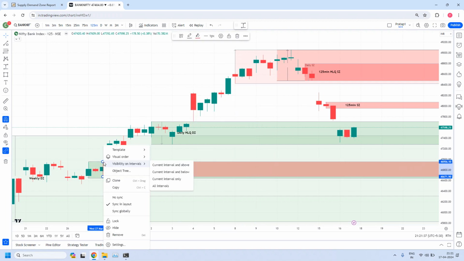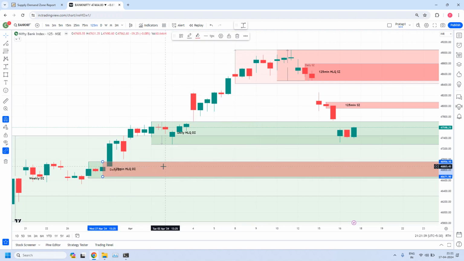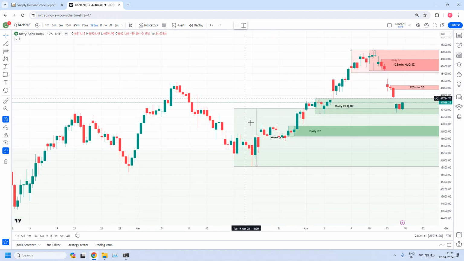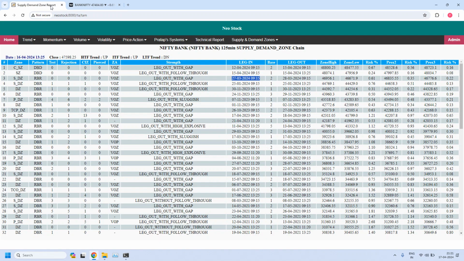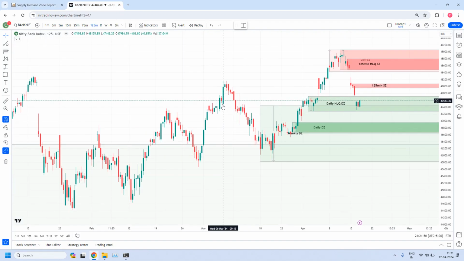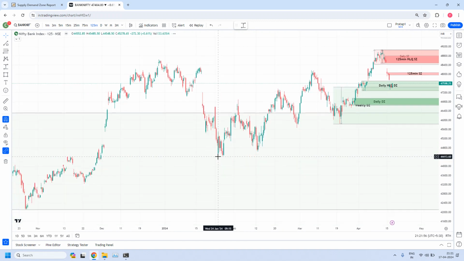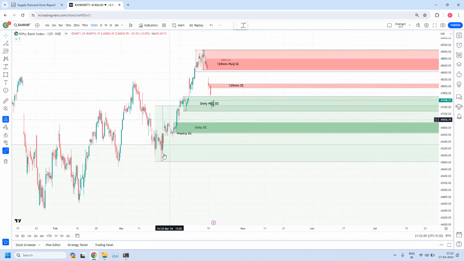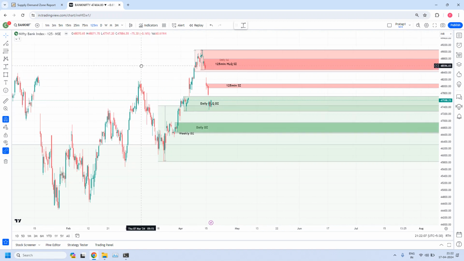Let me change the color. And below there is one more high liquidity 125 minutes demand zone. This is a 25/1/9/15. When is 25/1? So time being, let us not get into up to this level. Let us stick to this weekly demand zone level.